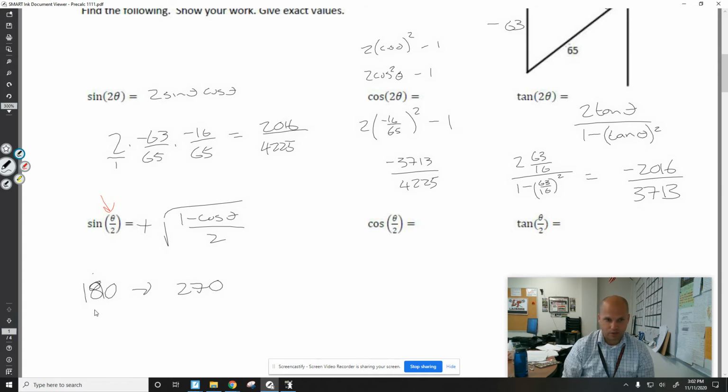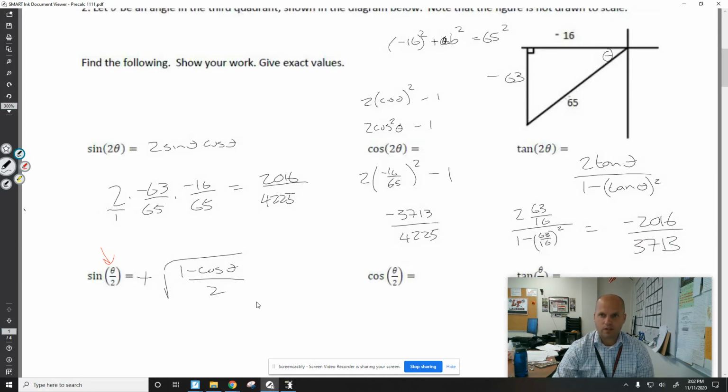Dividing that by 2 gives you an angle from 90 to 270 divided by 2 is 135. So that puts you definitely in the second quadrant. Because it's second quadrant, sine's positive. Okay, so you got to know that. I didn't really talk about that much in class. So I definitely give you lots of partial credit if you didn't get this right.